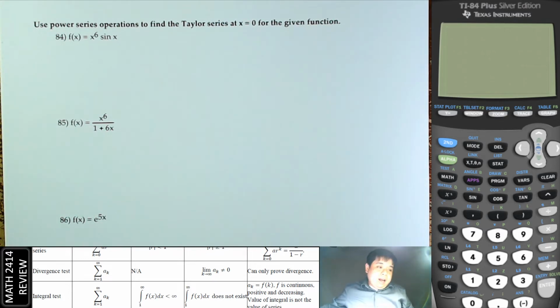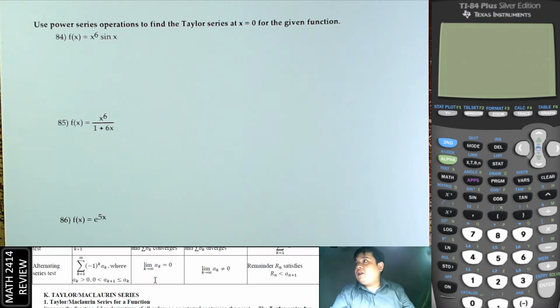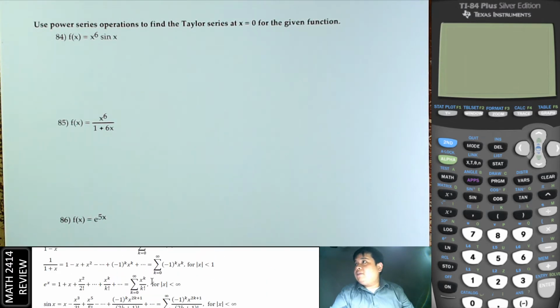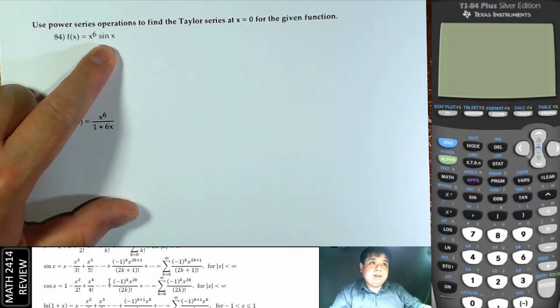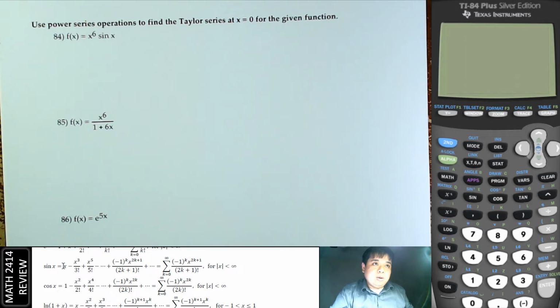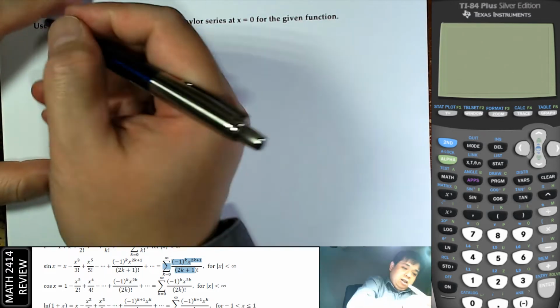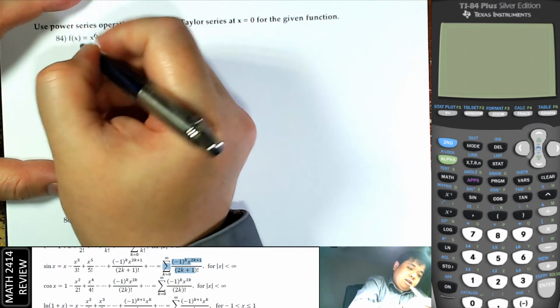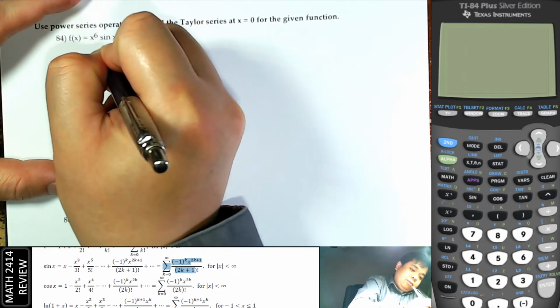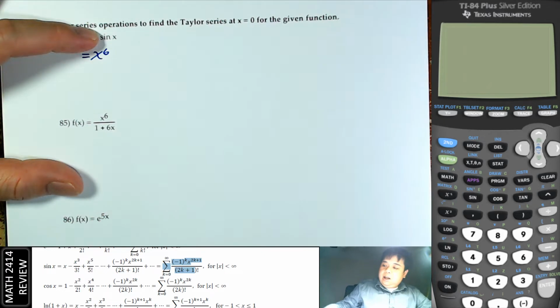Right, next, use power series operation to find Taylor series center at 0 for a given function. Right, for this, we just go to the Taylor series for sine of x. Sine x is equal to this. So either we use the summation or we can use the expanding form.